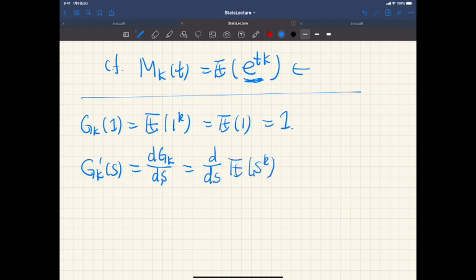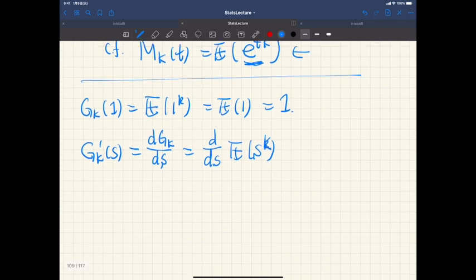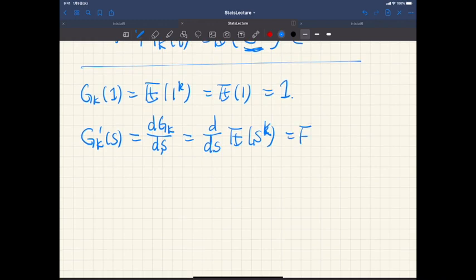Okay, it should be large K, and actually, since we can swap the order of expectation and differentiation, we have K s to the power of K minus 1.